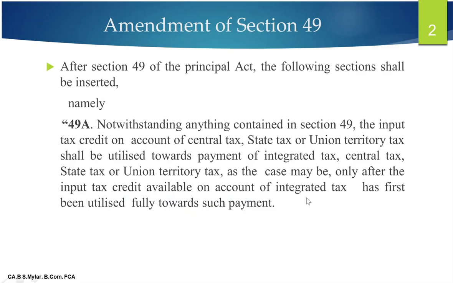The lesser fungibility of CGST and SGST used to tempt us to utilize this credit first and keep the IGST credit for further utilization. But due to this newly inserted section, it is statutorily forcing us to use IGST credit first.